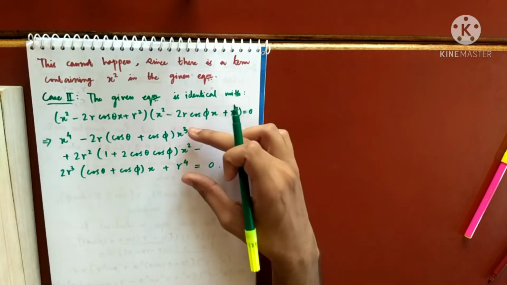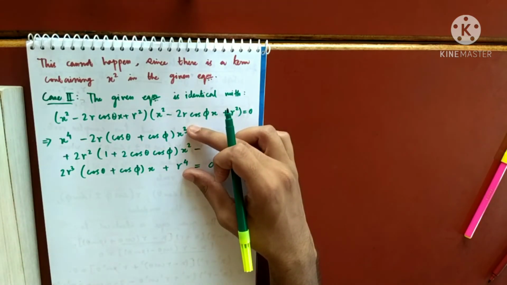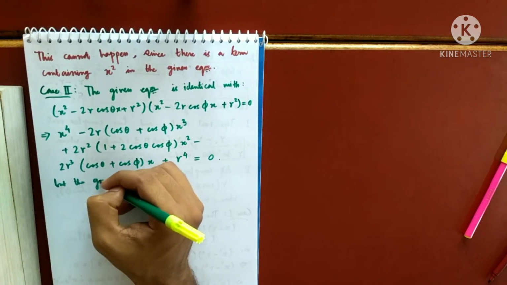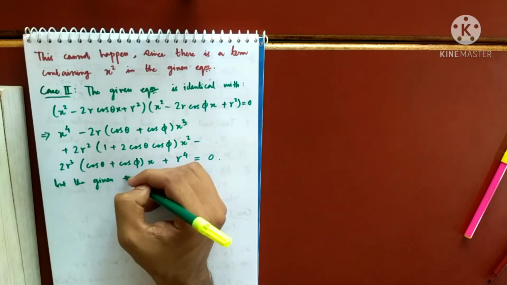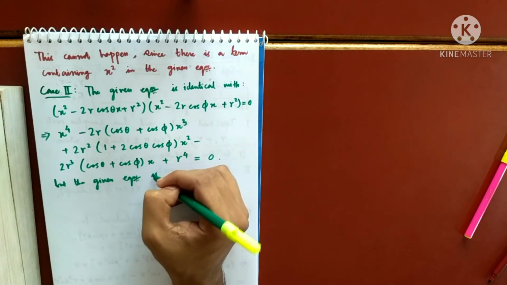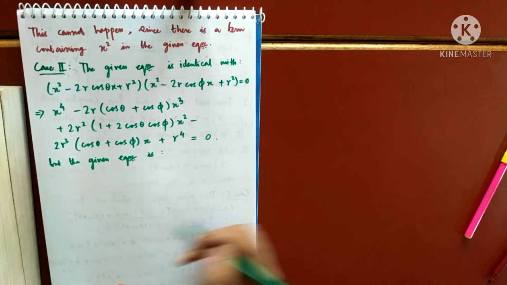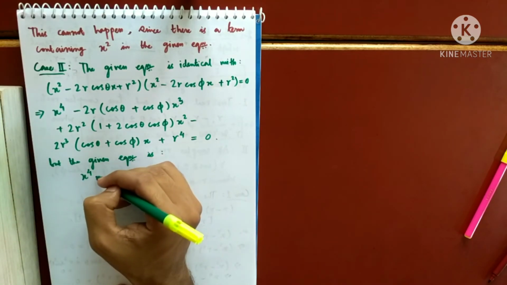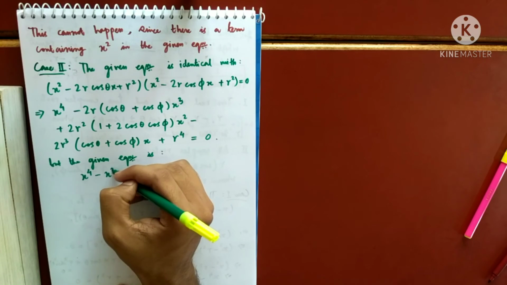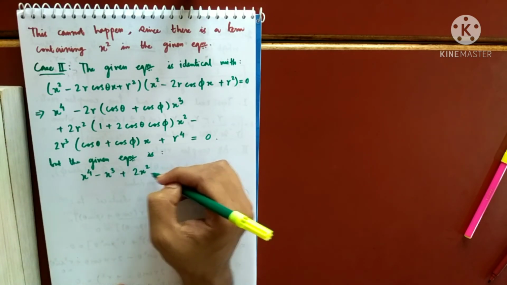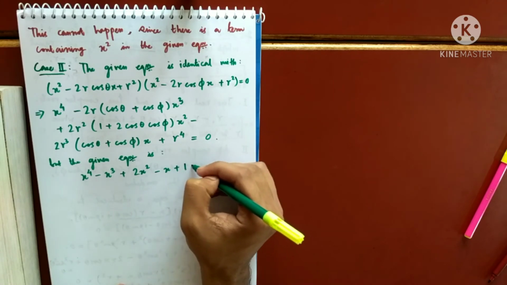Now because this is identical with the given equation, what is my given equation? It was x to the power 4 minus x cube plus 2x square minus x plus 1 equals to 0.